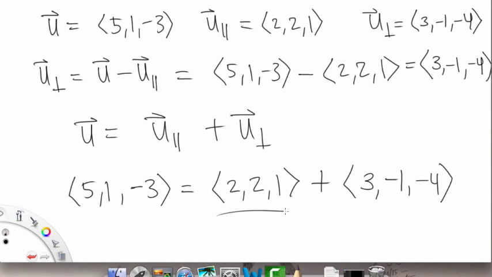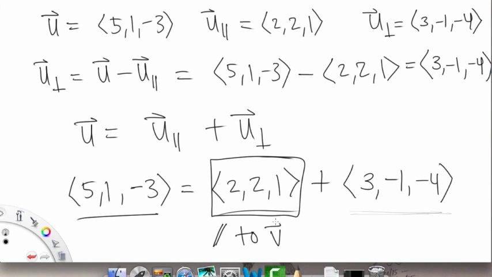And now you might be thinking, okay, this is really silly because couldn't I have just picked any vector for this one and then just made another vector so it matches up and equals the left side? No, not necessarily, because what we wanted was that this part had to be parallel. Remember, it has to be parallel to our vector v, right? And our vector v was (4, 4, 2).